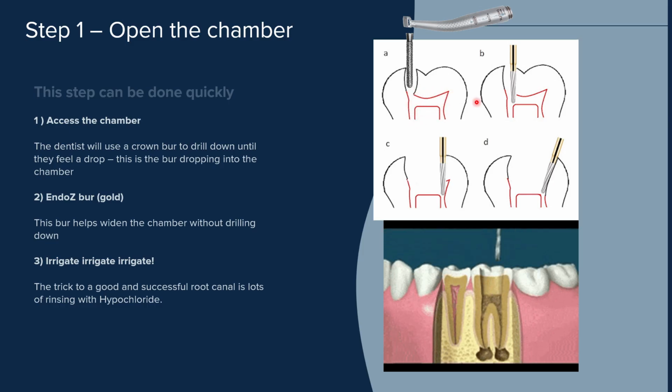We want to open the tooth so we can access these canals and get rid of any bacteria that might be hiding in there. The dentist will use a crown burr to drop down, and then we'll use our Endo Z burr to widen the chamber without damaging the floor. And then the dentist is going to irrigate. Remember, 2 syringes of 10 mils for myself. The trick to a good, successful root canal is lots of irrigation, because we're killing that bacteria.